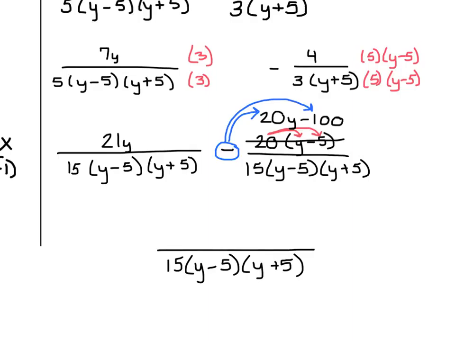So what is 21y minus 20y? Just one plain y. And then what's minus times minus 100? Plus 100.